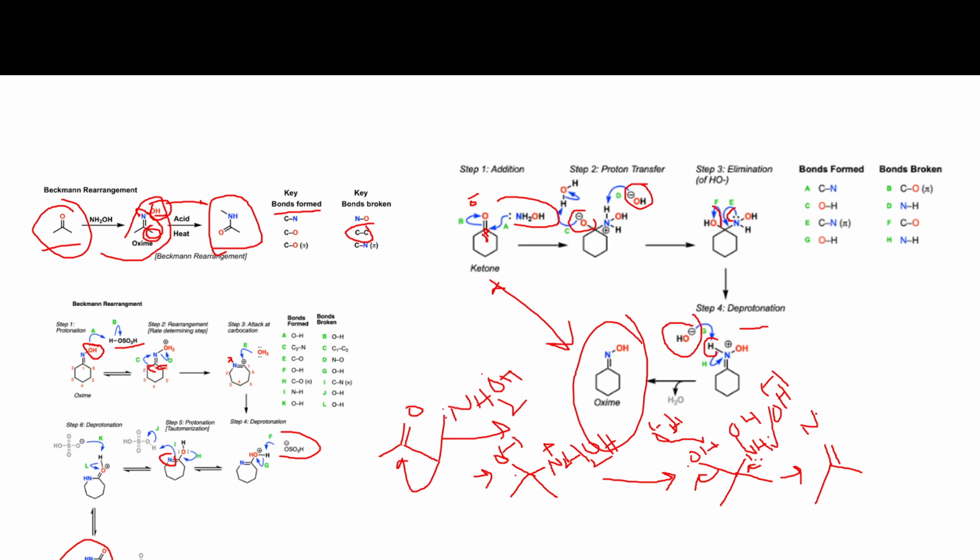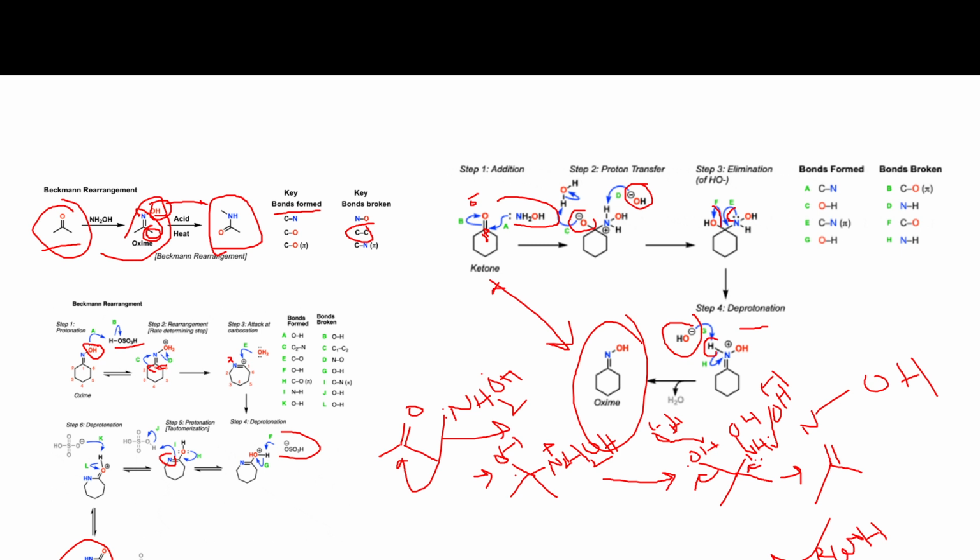So it will become double bond NOH like this. Now, if you add acid, any acid RCOOH, and heat it, it will form your amide.